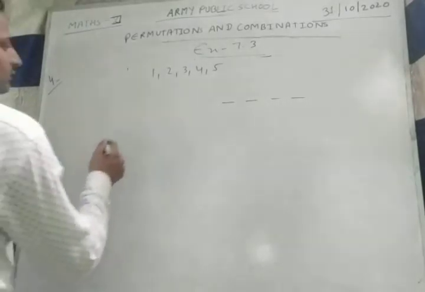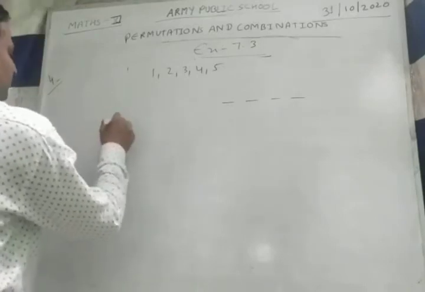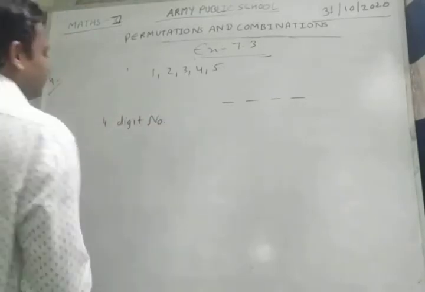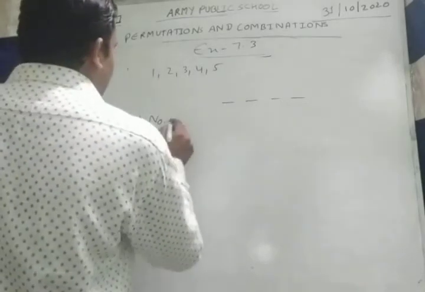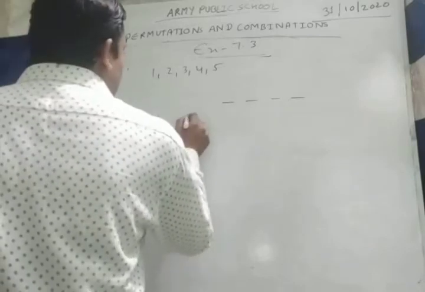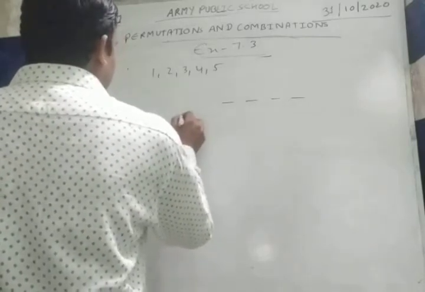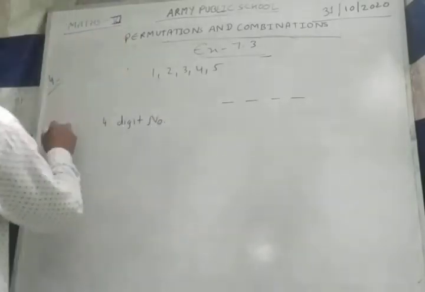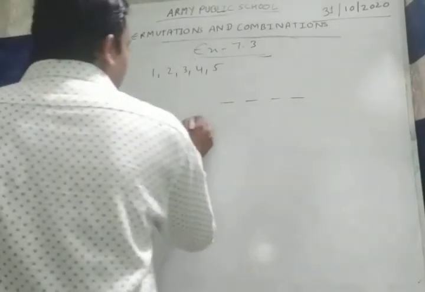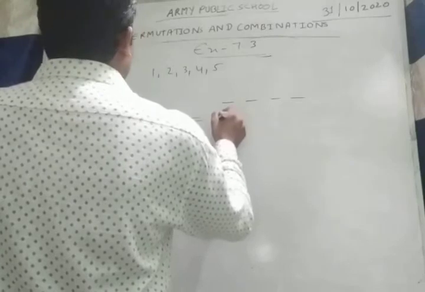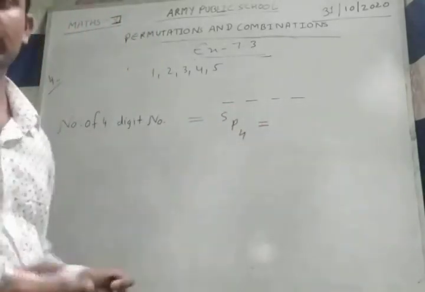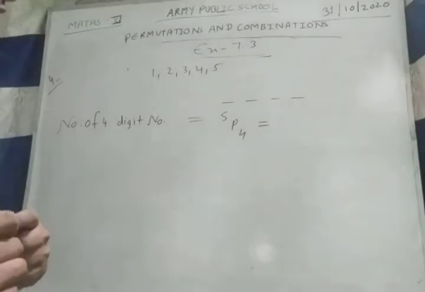The number of 4-digit numbers that can be formed will be equal to 5P4. We can find it by 5P4 ways.